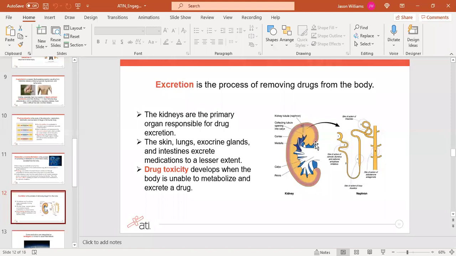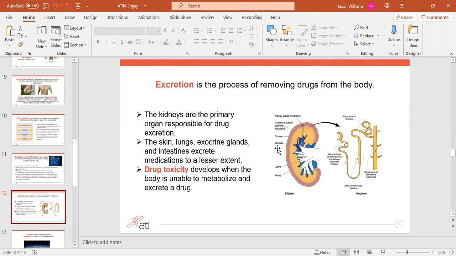I'm not able to actually form urine. So different things remain in my body. If I'm taking different medications and my kidneys aren't functioning properly, that medication is pretty much just sitting in my body. It's not able to get out.